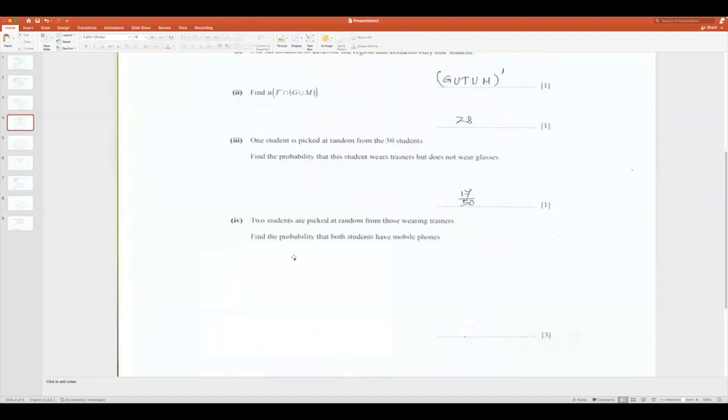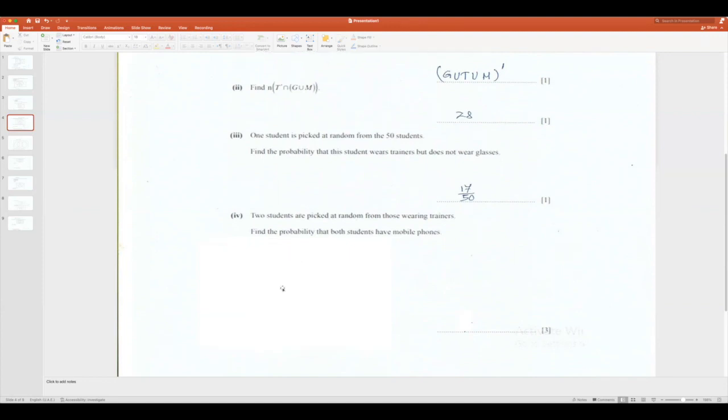Two students are picked at random from those wearing trainers. Find the probability that both students have mobile phones. It's better to use a tree diagram. Two students are picked at random, so they have mobile phones or they do not.